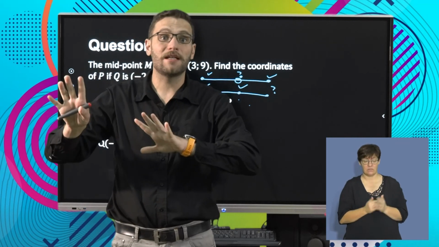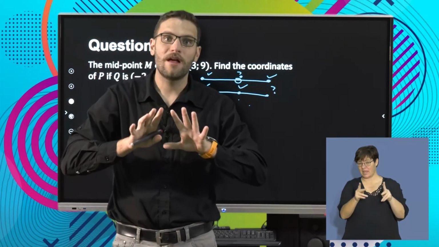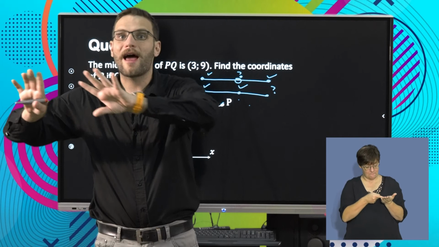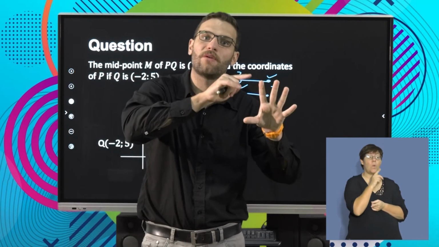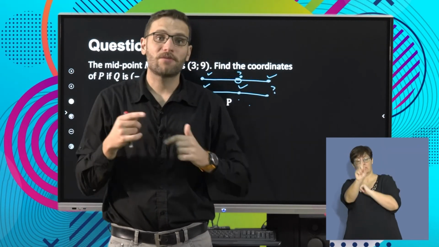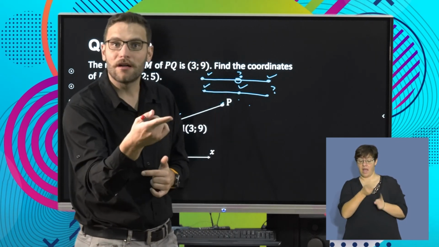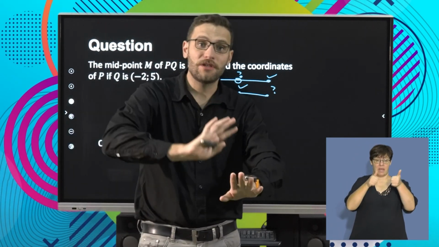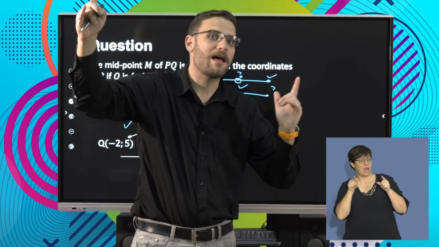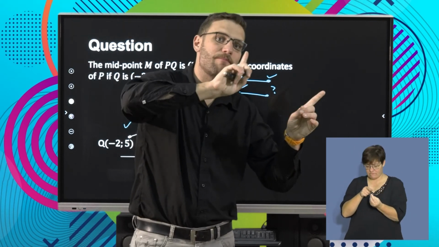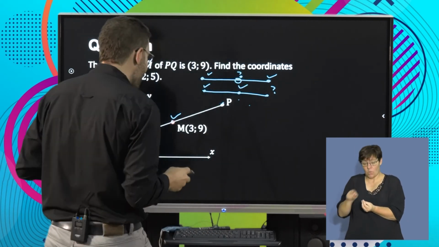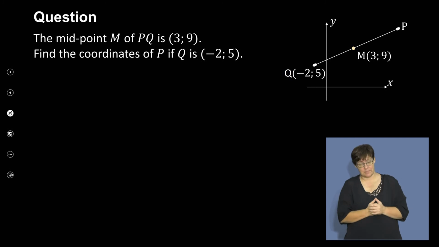Then we switched it up and said, now I've got the answer and I want to work backwards and figure out what one of those coordinates is. That's what we're doing here: I've got the answer and I'm working backwards using the midpoint formula to find the other endpoint, so that that point must be in the middle. Okay, so let's do this.